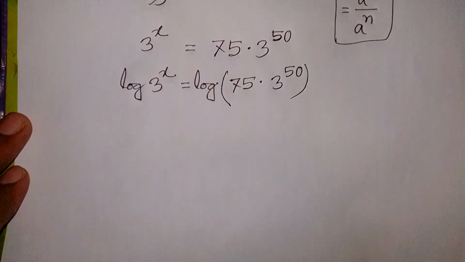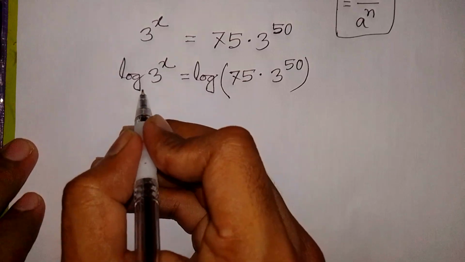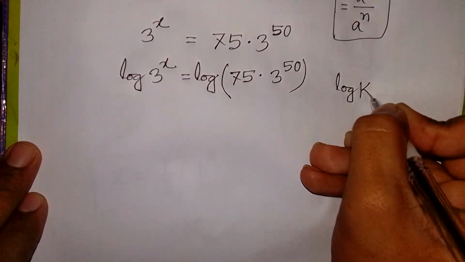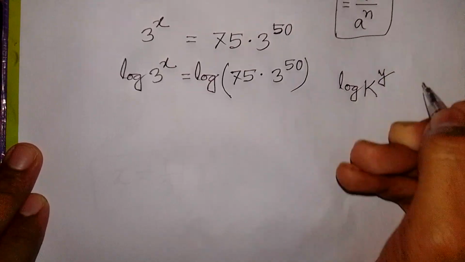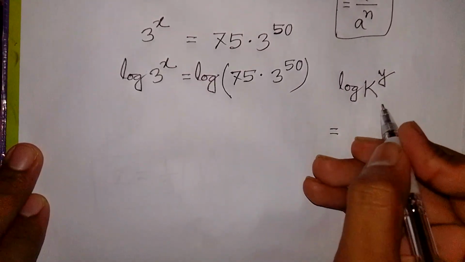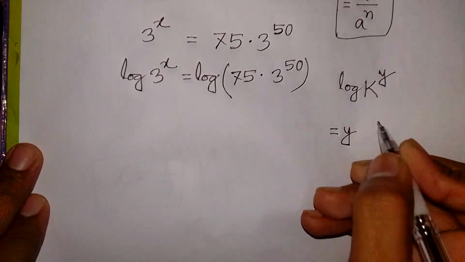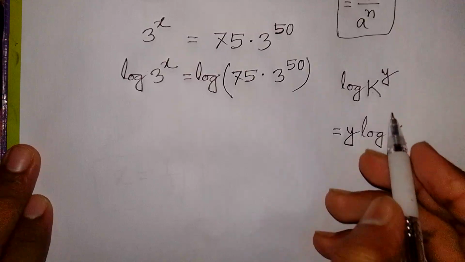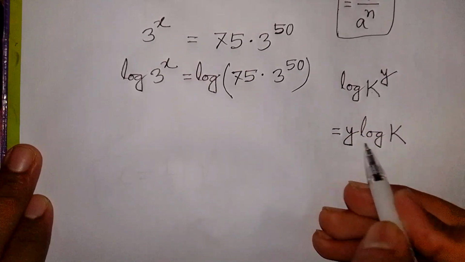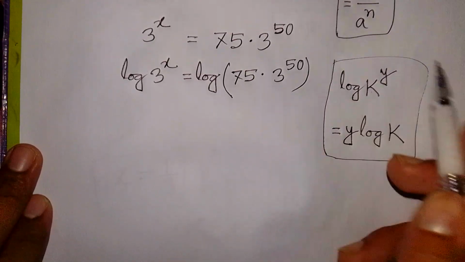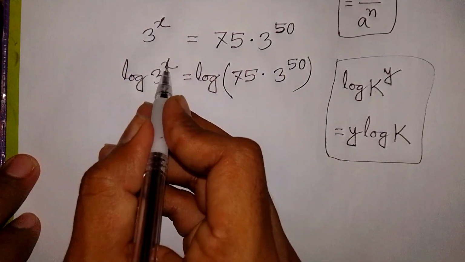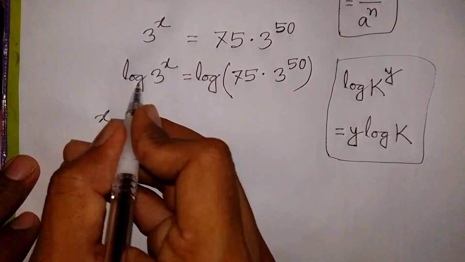In the next step, here you can apply the rule that log k power y is equal to y log k. This power y moves to the front. So according to this rule, this power x will move to the front, so it will be x log 3.